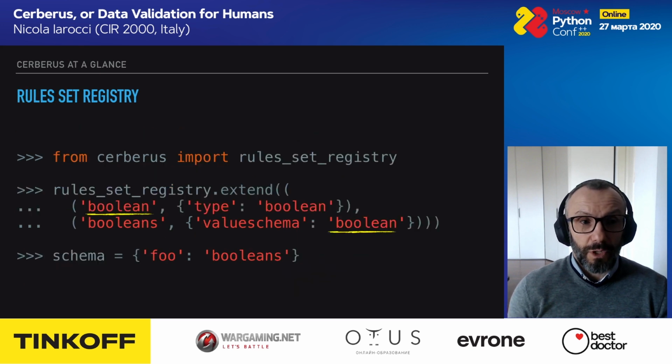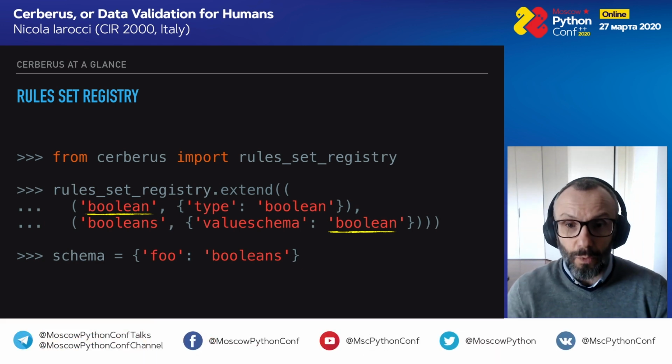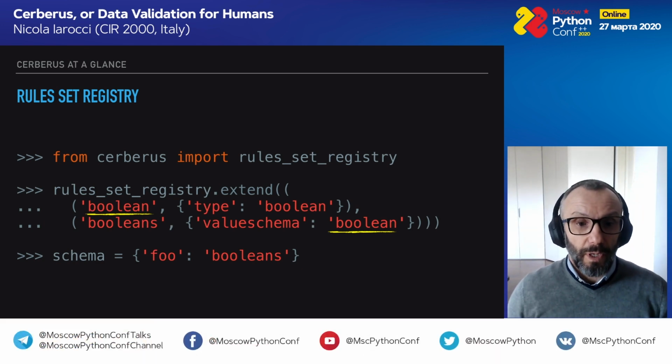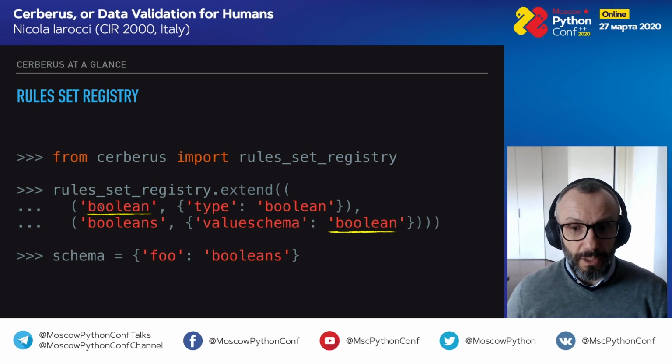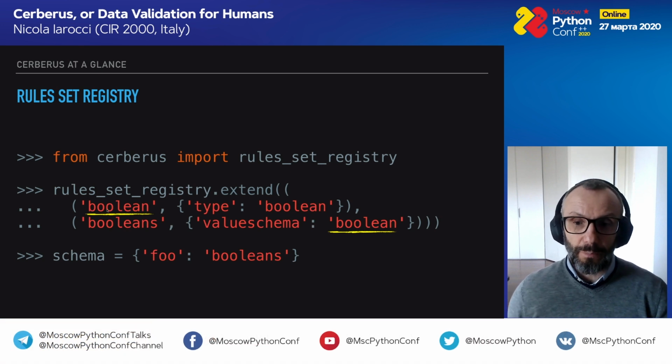And we also have, of course, a rules registry. We call it rules set registry. In this example, we define a shortcut basically for the Boolean rule. Normally, you would go and define full of type Boolean, but you can just shortcut to Boolean, and every time you use Boolean, you are saying that you want a document field to be of type Boolean.